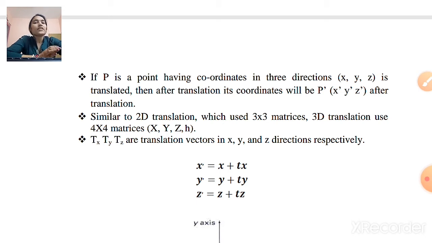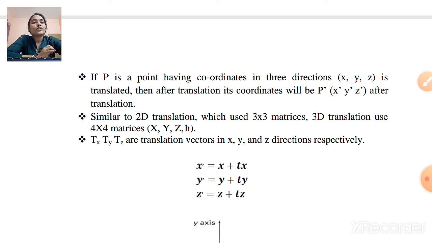That means the source point is P and the destination point is P dash. If the source point P has x, y, z coordinates, then P dash has x dash, y dash and z dash coordinates after translation. Similarly, 2D translation uses a 3x3 matrix, but in 3D translation we use a 4x4 matrix, that is x, y, z and h.